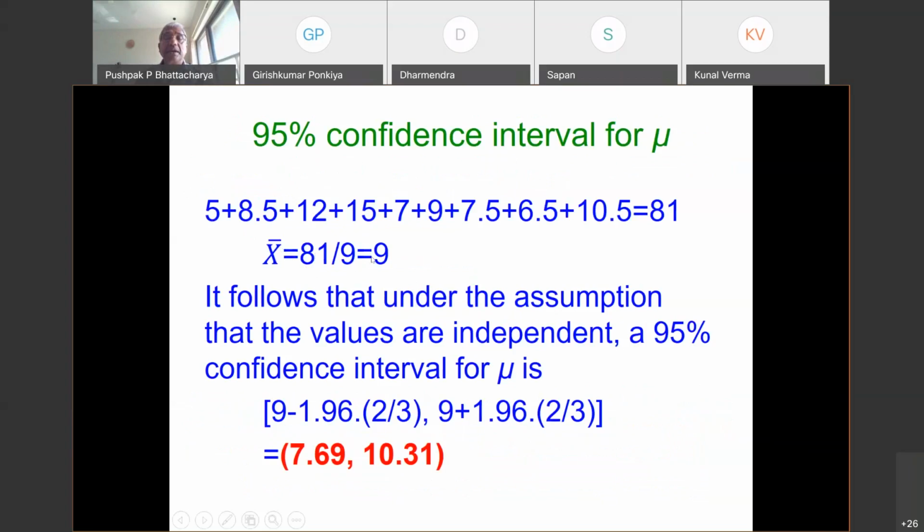So 81 by 9 is 9. So the sample mean is 9. And we know from the maximum likelihood estimate that the best possible estimate, given the data in front of us, is the sample mean. The best estimate for the population mean is the sample mean. You cannot do anything better, if you have no other information.